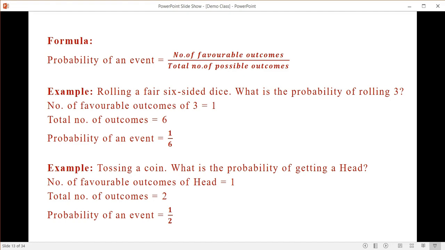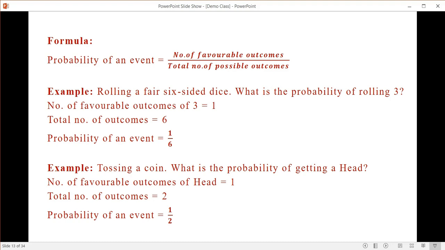The second one is tossing a coin. What is the probability of getting a head when we toss a coin? When we toss a coin, there are only two possibilities, head or tail. The number of favorable outcomes of getting a head is only one.